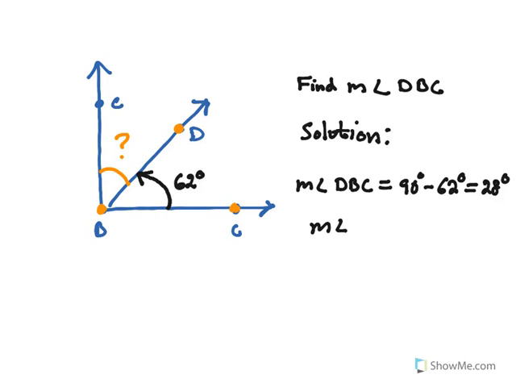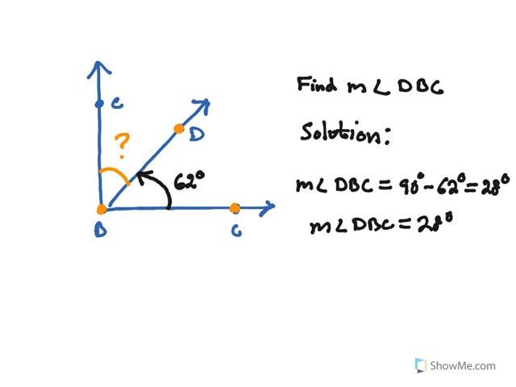So the measure of angle DBC equals 28 degrees. Pretty simple problem. We're basically finding the complement. So that's an example.